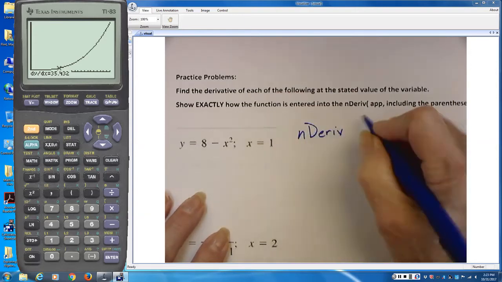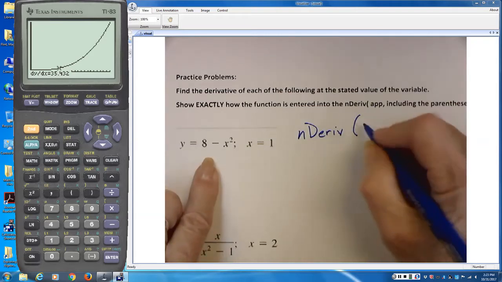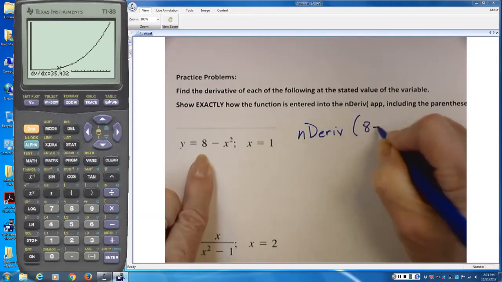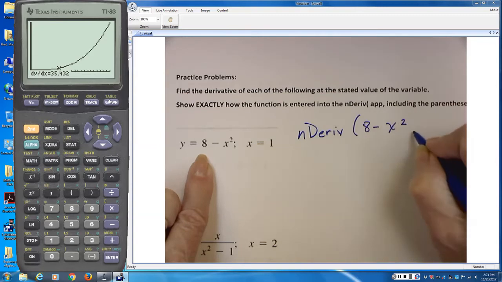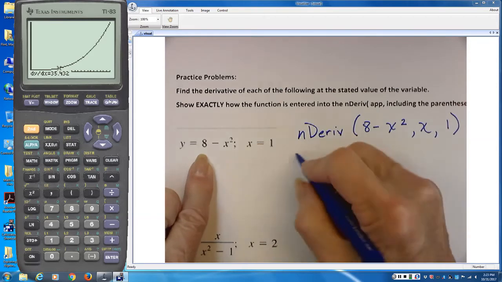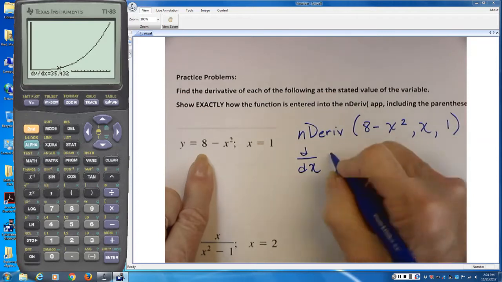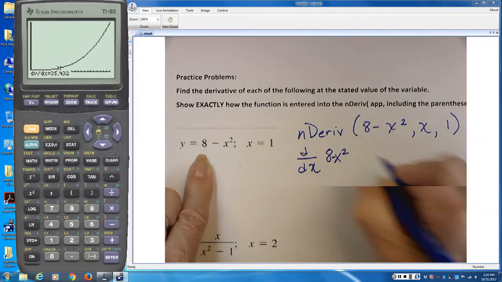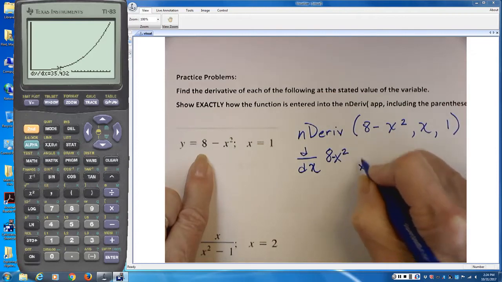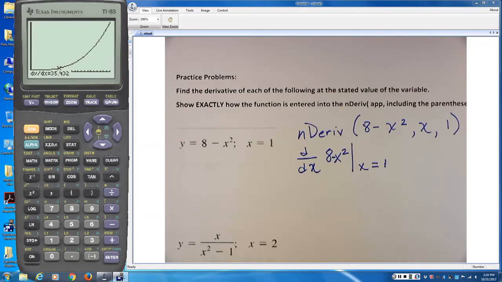So what I want to do here is nDeriv, or if you want to use the graph and do dy dx, you need to have the function, which in this case doesn't need any parentheses, with respect to x at x equals 1. Or if you have the 84, what you see on your screen will look like that.